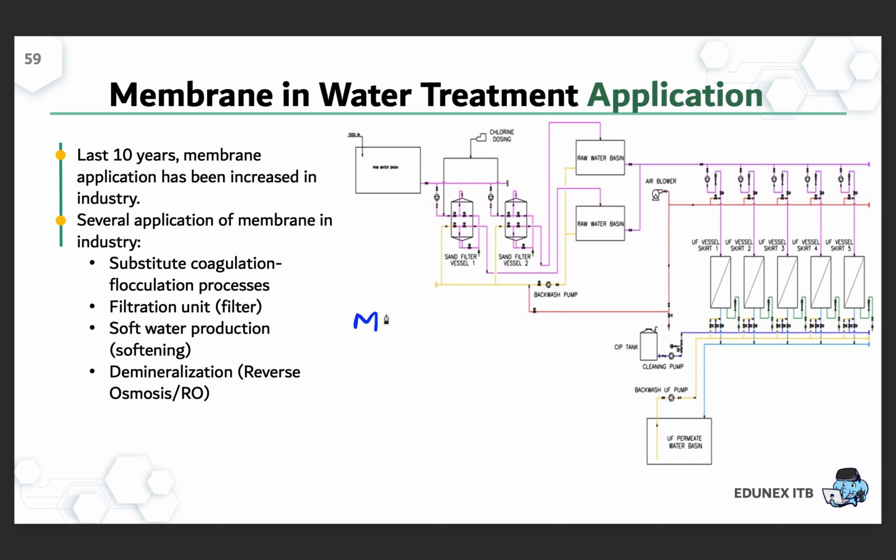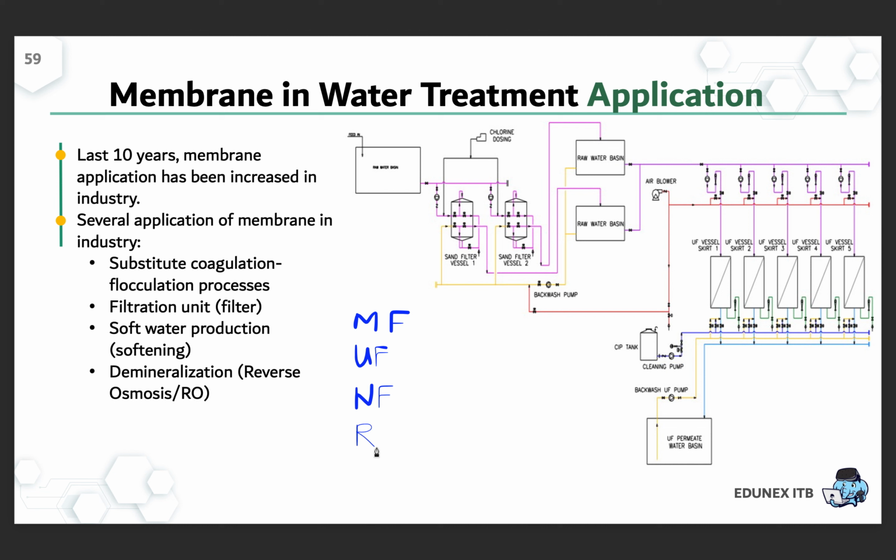It can be categorized into four: the first one is microfiltration, the second one is ultrafiltration, the third one is nanofiltration, and the last one is reverse osmosis or RO.